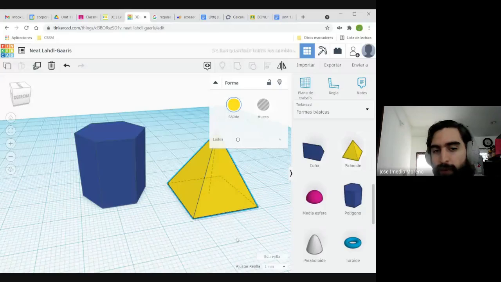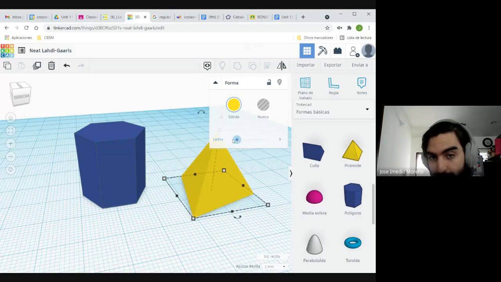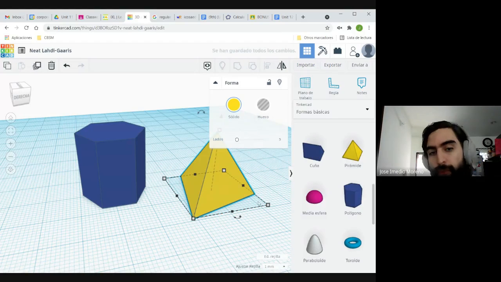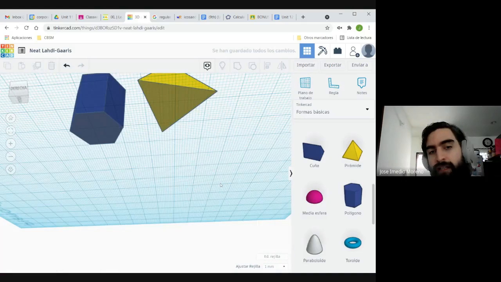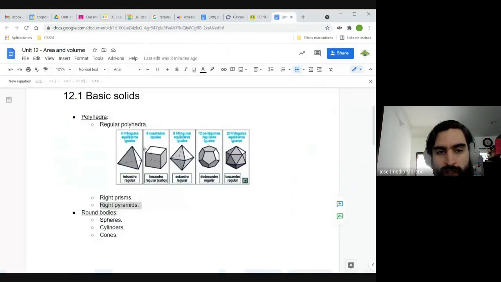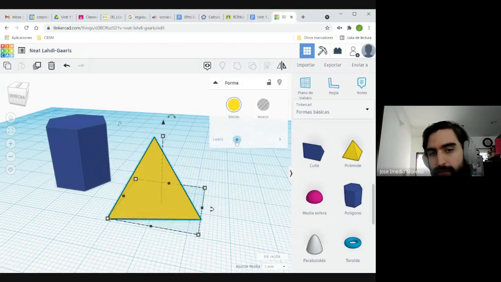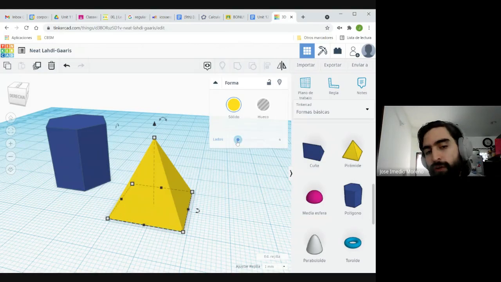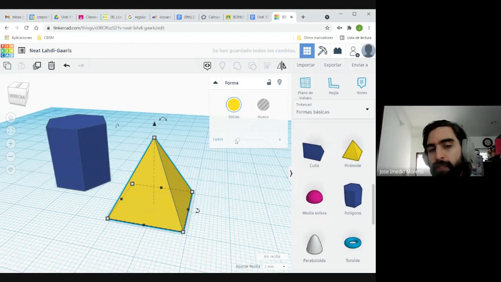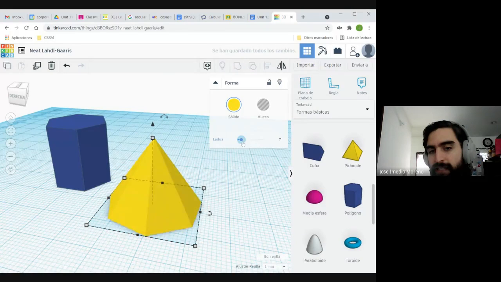I have the pyramid, which is also one of the basic objects for me. If the pyramid has three sides in its base, it is actually a regular polyhedron, the tetrahedron I already described. But as soon as I have more than three sides, it's not a regular polyhedron, but it's a pyramid, and it can have any number of sides in the base.